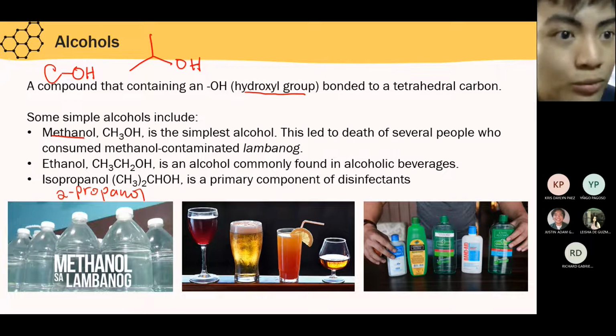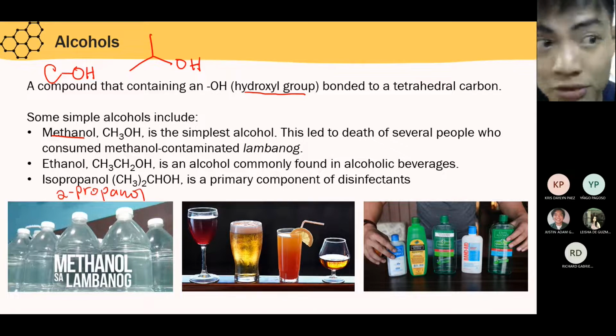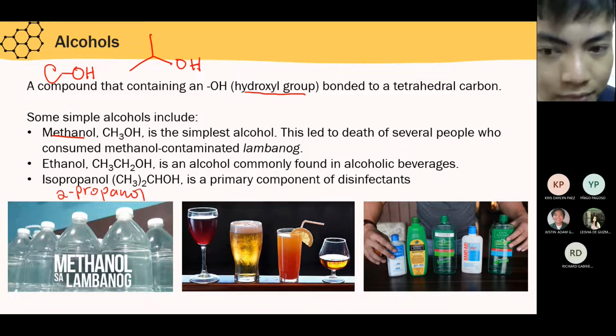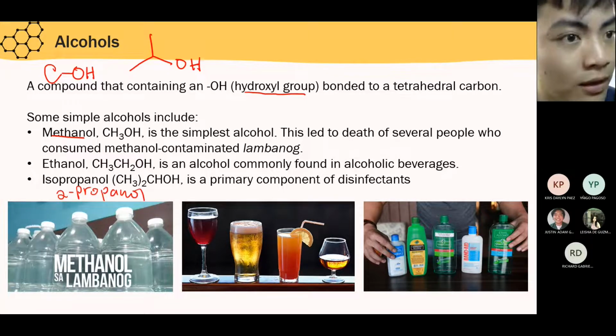Kasi yung ating ethanol, napoproduce yan by fermentation. Pero yung isopropanol, medyo iba yung mechanism niya. Okay? So, hindi talaga siya fit for human consumption kasi hindi siya galing sa food product. Okay? Maybe galing sa ibang substance. Sa ibang substances yan. Okay? Kaya, it is discouraged to drink isopropyl alcohol.